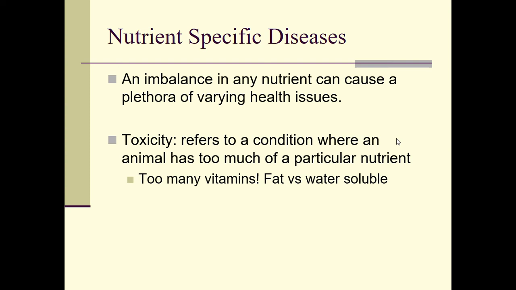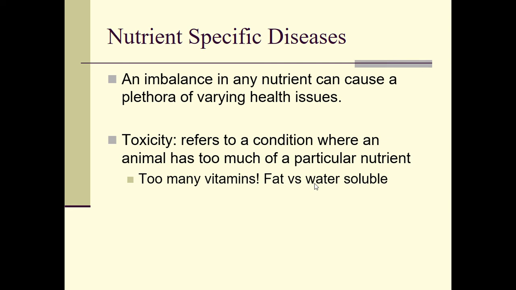Okay. It's also important when we look at vitamins. You read at the beginning of this unit that there's two major categories of vitamins, there's fat soluble and there's water soluble. It's really hard to get a toxicity of water soluble vitamins. Why? Because of the way that they get stored in the body. Water soluble vitamins, when they get broken down by the digestive system, get taken into the bloodstream and they get stored in the liquid in the body.